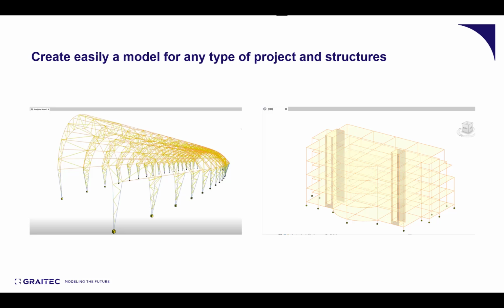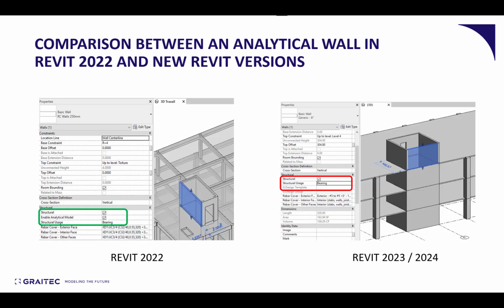Really to help engineers use Revit as a platform to create structural models and to leverage the power of structural BIM workflow, to connect Revit to external design analysis software. So the idea is to help users create and manipulate any complex project and structure within this platform and be able to create an analytical model for various types of project.